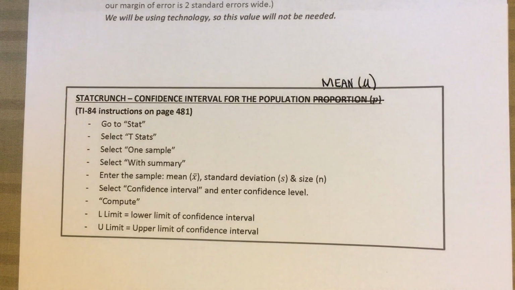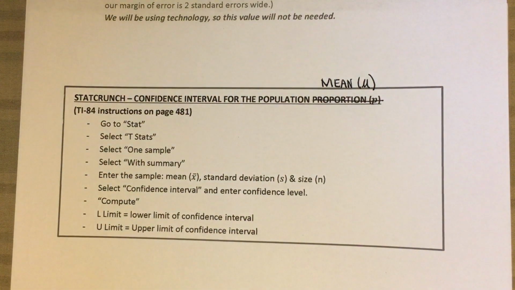Okay. So what we're going to do, we're going to go to Stat. Instead of z stats like we have before, we're going to select the one that says t stats. So the only big difference as far as our selection goes is we're going to pick t instead of z. Just like we did before, we're going to select one sample with summary. So we're again just picking a slightly different test than we previously used.